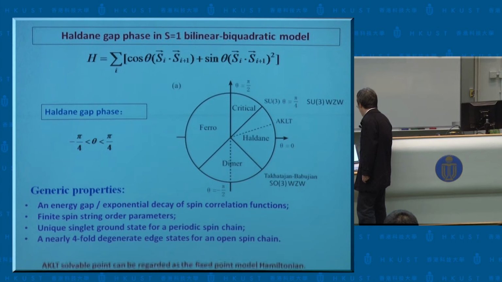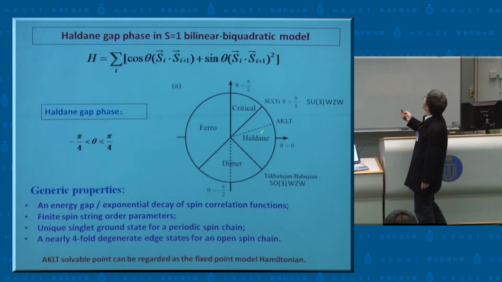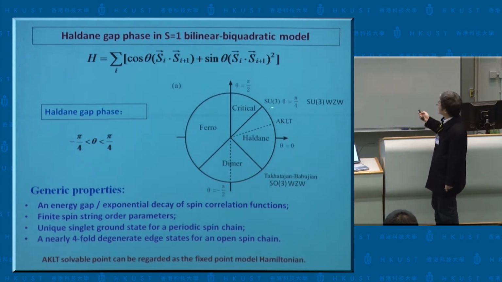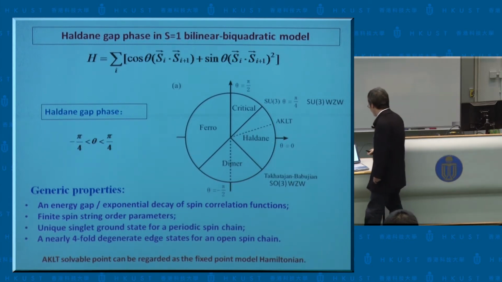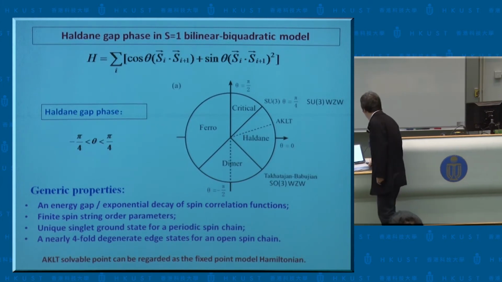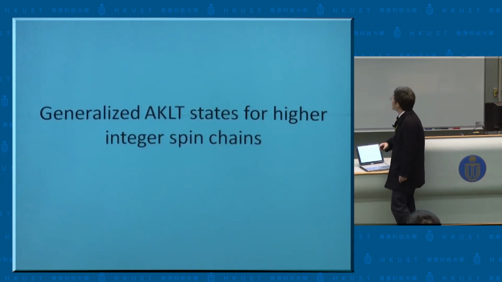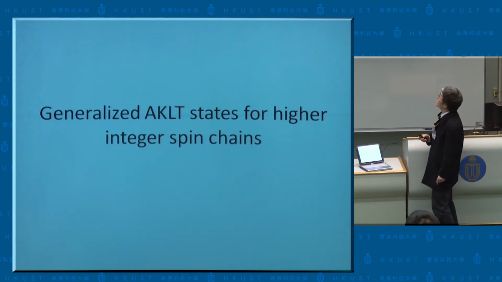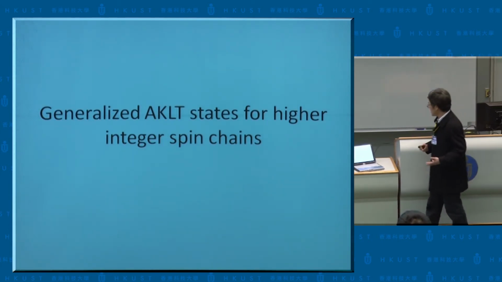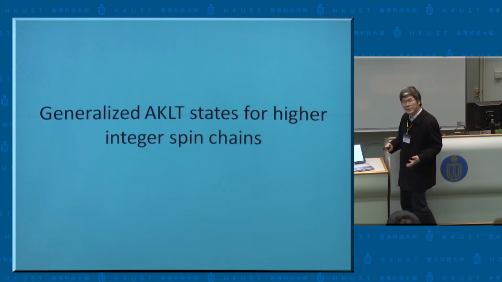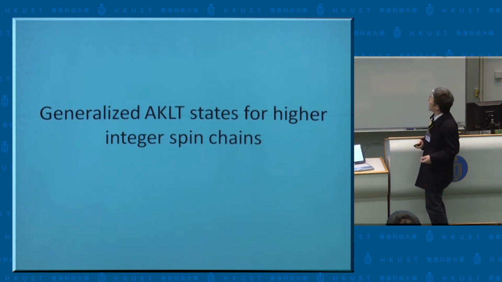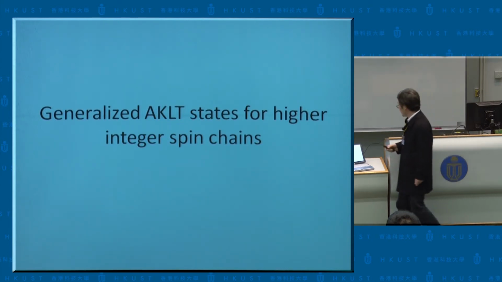So in this sense, we can regard this AKLT exactly solvable point as a fixed point model Hamiltonian of the whole Haldane gap phase. However, what about the generic features for the higher integer spin chain?